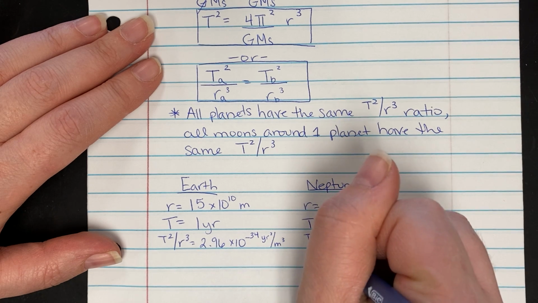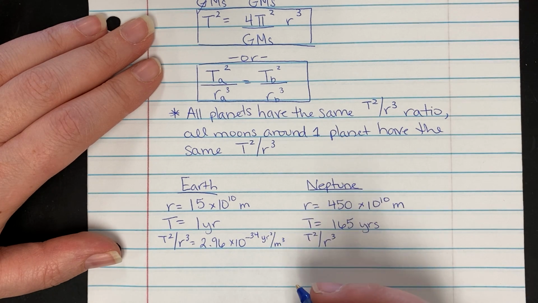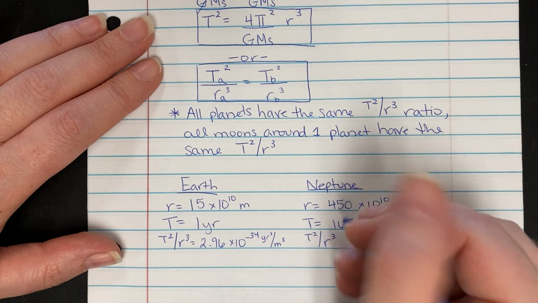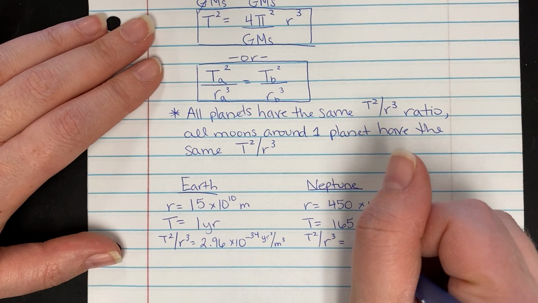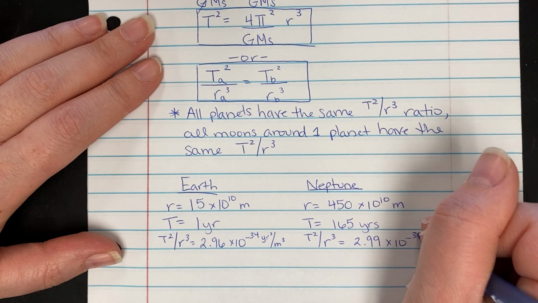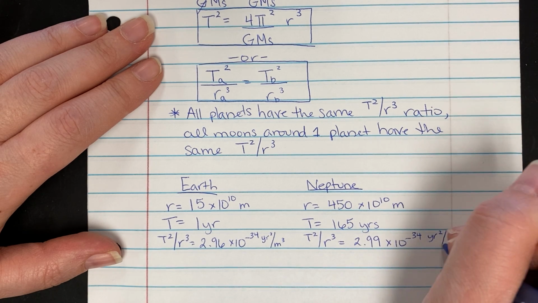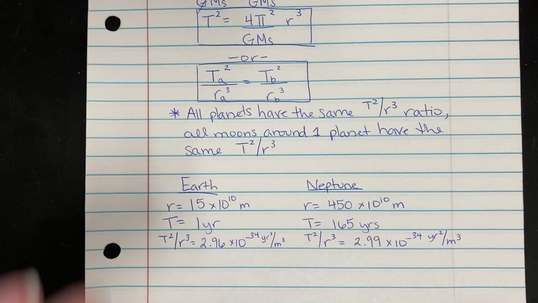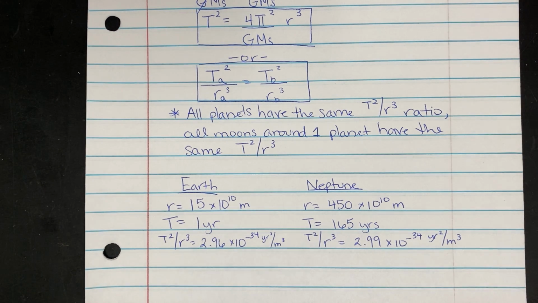And I look at its T squared versus r cubed ratio. This is going to be 2.99 times 10 to the negative 34 years squared per meters cubed. Okay, and you could do this with any particular planet in the solar system, and you would find that although they're not exactly the same, they're pretty dang close. Okay, hope that makes sense.